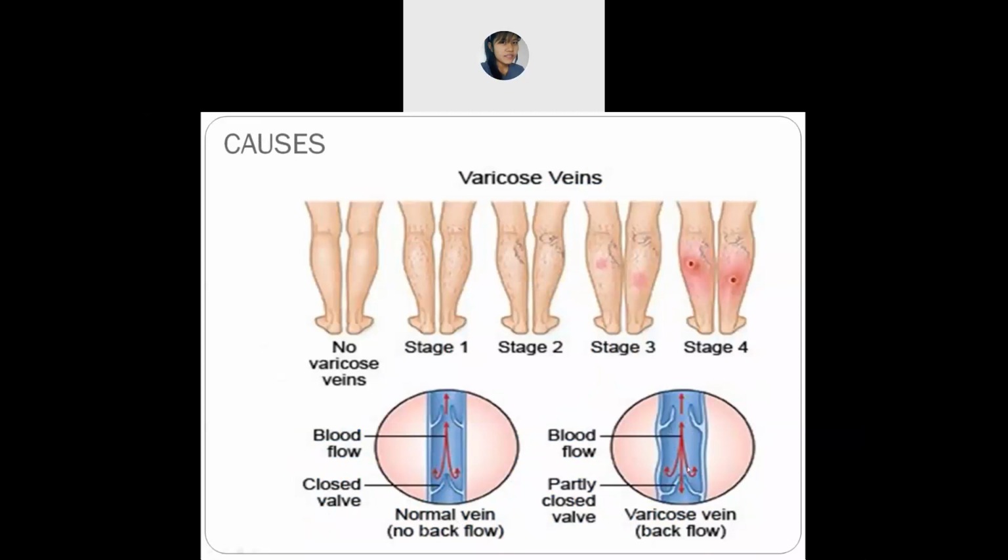Blood clot appears. So this is stage 1, stage 2, stage 3, and stage 4. We won't discuss that much, but I'm just showing you for your understanding. So skin ulceration, this one. Skin ulceration means inflammation of the skin occurs. So that's why it will appear like this, since there is inflammation. Okay, is it clear?